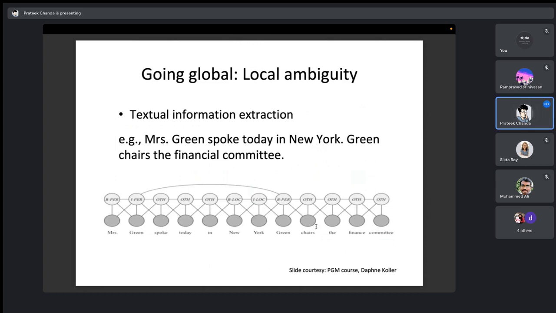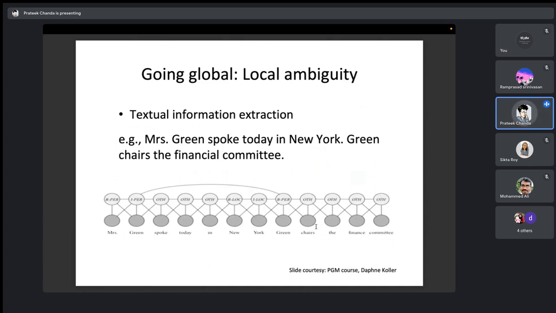Green is actually a color also, and in the second sentence, "Green chairs the financial committee", does that Green actually refer to Mrs. Green or something else? So there is a lot of ambiguity.